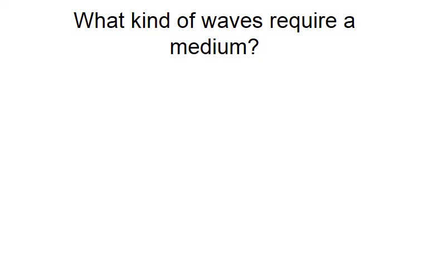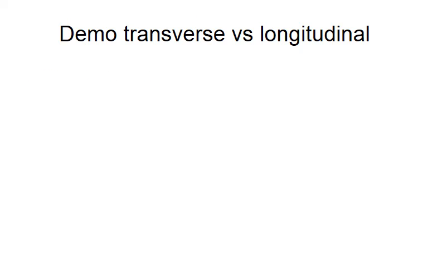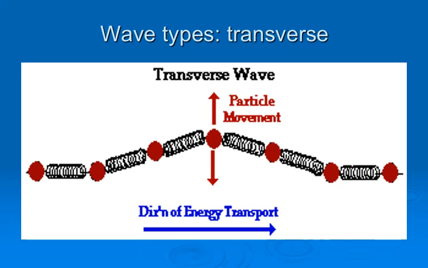So what kind of waves require a medium? The waves that we've looked at are mechanical waves. We've looked at a lot of different kinds of mechanical waves, and they can fall under the categories of transverse and longitudinal. And it's important to remember the distinction between those. If you remember, with a transverse wave, the movement of the particles is perpendicular to the wave motion.